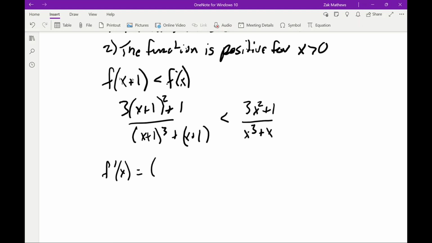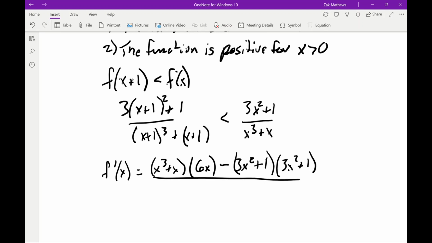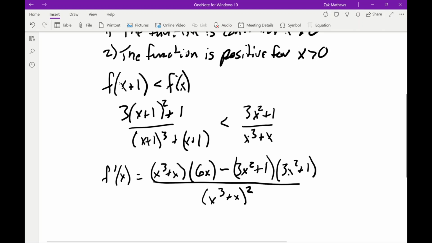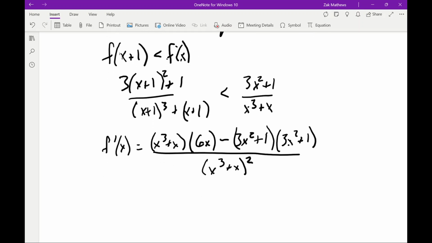So the quotient rule says we'll leave the bottom, take the derivative of the top, which will be a 6x, minus, we leave the top, take the derivative of the bottom, that's a 3x squared plus 1, times the 3x squared plus 1, all over the denominator squared. Right, so now we've got to show that this thing is always less than 0, or at least on the interval from 1 to infinity, because that's the sequence we're dealing with.